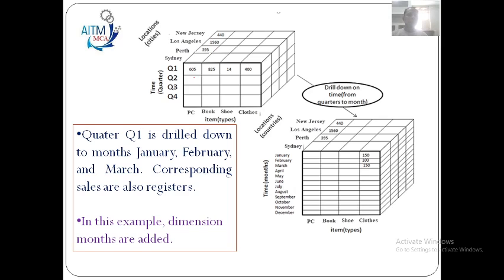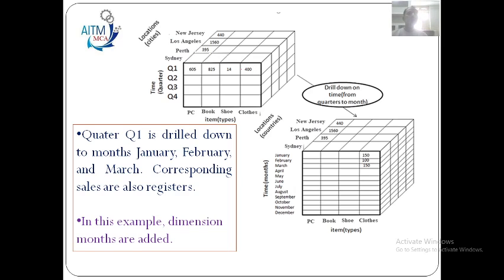Now see here, this is for quarter 1. PC, personal computer, is 605. For the book item it is 825, for the shoe item it is 14 for the first quarter in Sydney, and for clothes it is 400 in Sydney for the first quarter totally.